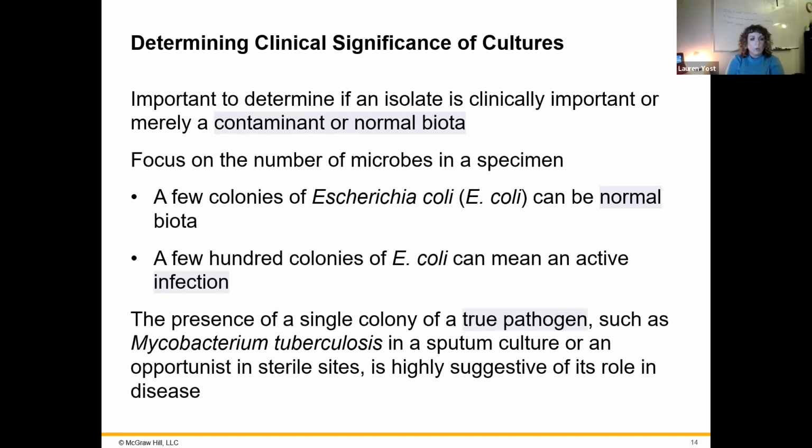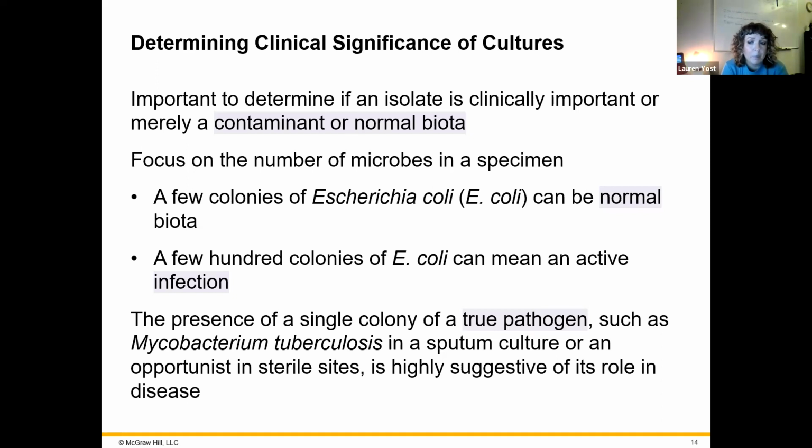All right, so if you see on your media maybe just a couple of colonies of E. coli from your sample streak, that might make you think it could just be from normal biota or exposure to normal biota. But if you have hundreds of colonies of E. coli in an area where it shouldn't be, then that would be indicative of an infection.